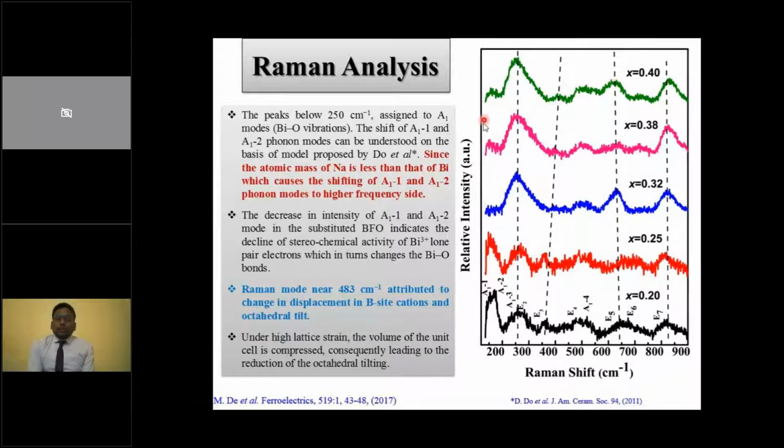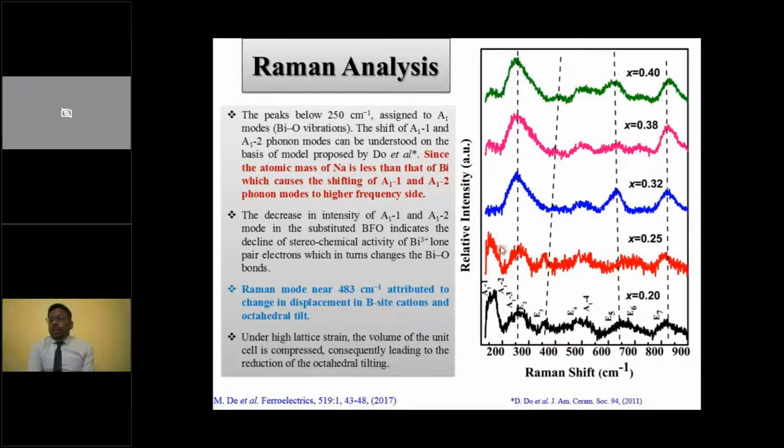Below 250, there are three Raman active modes, known as A1-1, A1-2, A1-3. These are shifted towards the higher wavenumber. Why it is so, we will discuss.